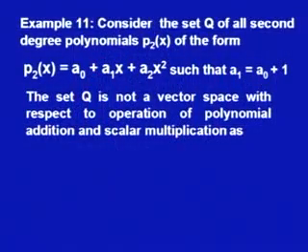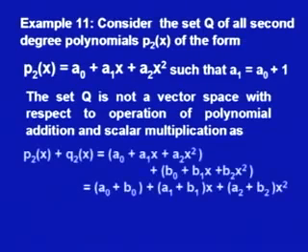Then this set Q is not a vector space with respect to the operations of polynomial addition and scalar multiplication, defined as P2(x) plus Q2(x), where P2(x) is a0 plus a1x plus a2x square, plus b0 plus b1x plus b2x square, which is Q2(x).